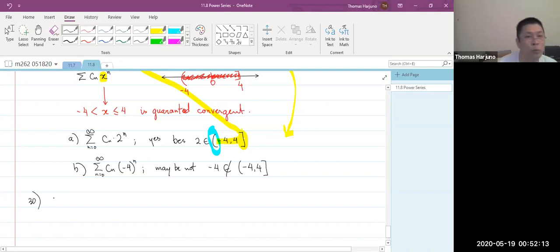Number 30, suppose the series Cn x to the n is convergent when x equals -4, but divergent when x equals 6.